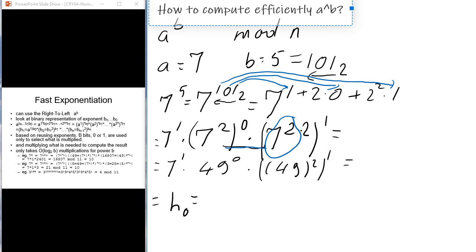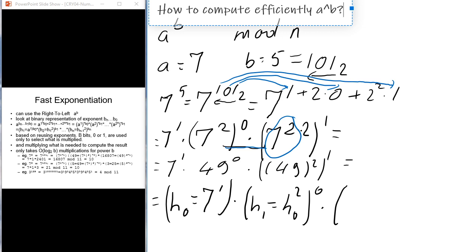Let's call it h, and we have h0 for 7 at power 1, which will then be reused in the second term as h0 squared, and h1, which is 49, is reused in the subsequent term as h1 squared. To get h2, we don't use it later, but we write it for uniformity in this case.